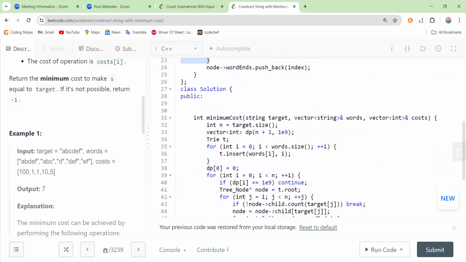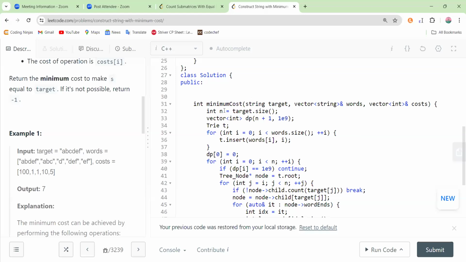Now coming back to the question, first of all, in n we took the size of this target. We constructed a DP of size n+1, where DP of i tells you the minimum cost required for constructing the first i length string of this target. Next, we made a trie T, and to this T we inserted all our words along with their indexes.